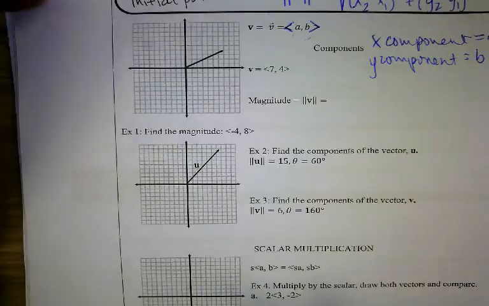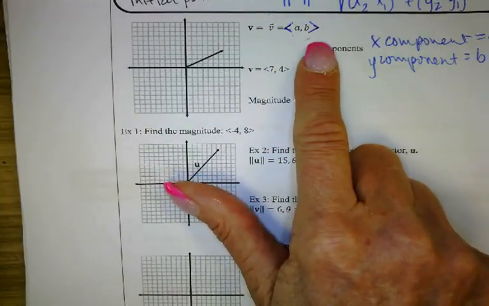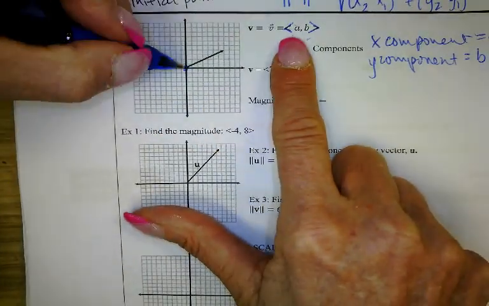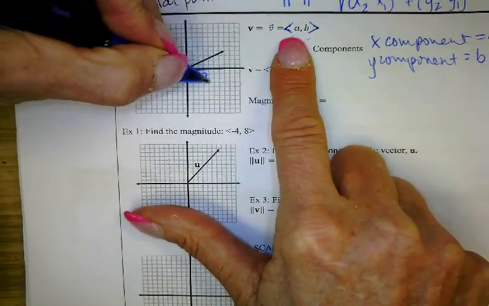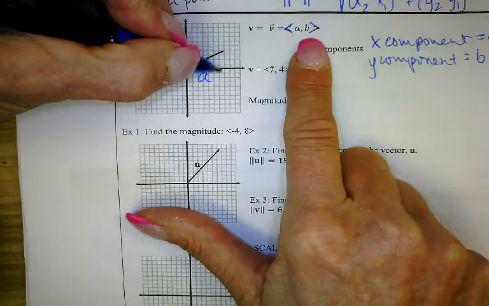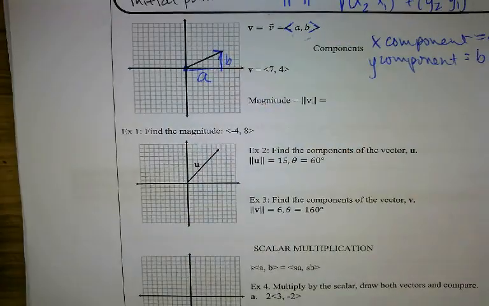When I write a vector in component form, our assumption is that it always begins at the origin, and this tells us how far to go in the x direction, and this tells us how far to go in the y direction, and then we get to the ending point of the vector.